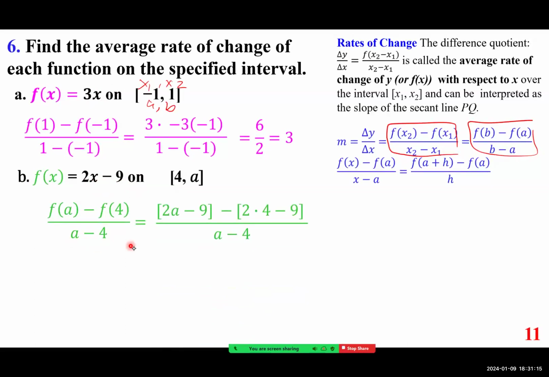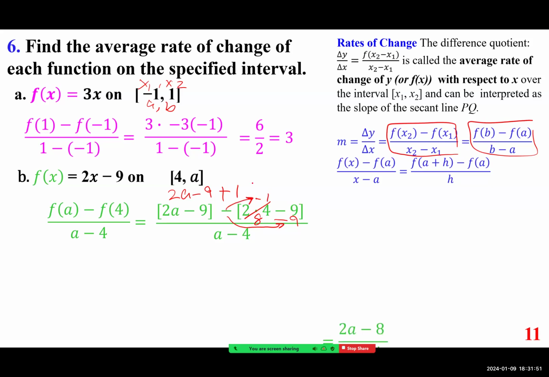So we have 8 here minus 9. So the numerator is 2a minus 9 minus, and 8 minus 9 is negative 1. So let me just put the negative 1 up here. So this negative makes it positive.